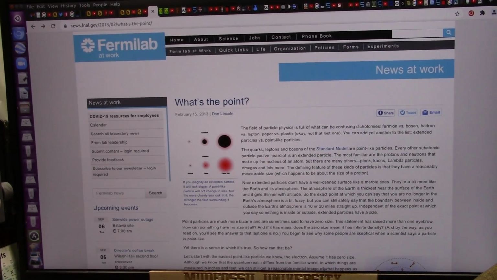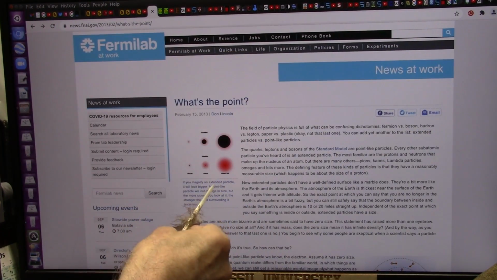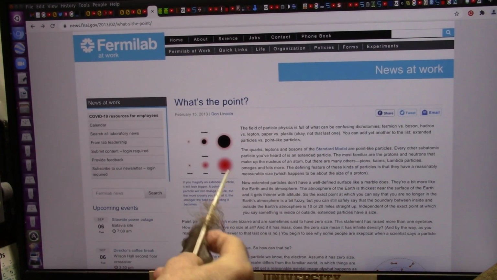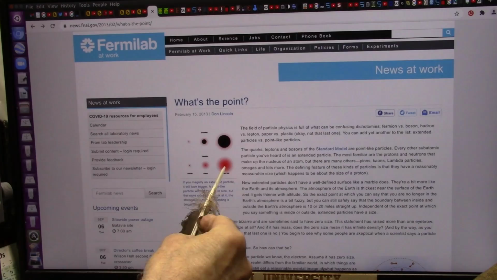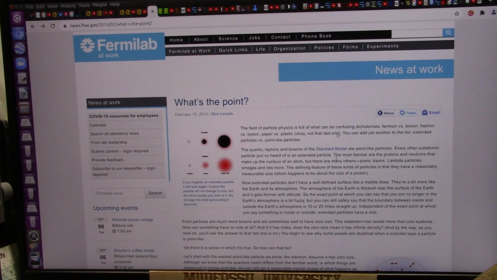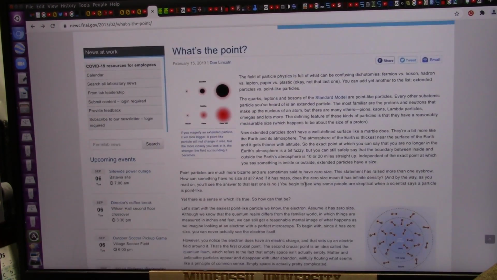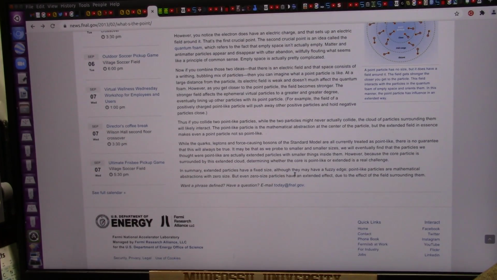Okay, all the particle colliders, they end up seeing these particles. The tiniest ones they see are a black one, never changes size, a fixed particle, and a glowy one. And this is on Lincoln Fermilab, long ago, and we found exactly those particles. And he says in summary, extended particles have a fixed size, that's the black one, although they may have a fuzzy edge around them.